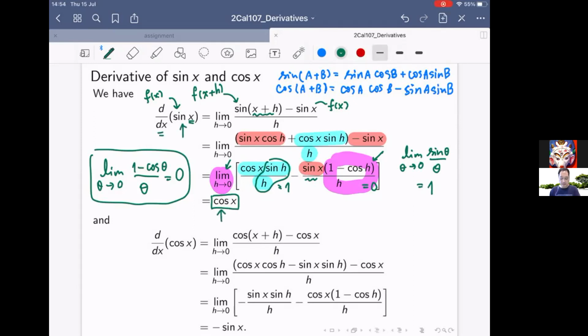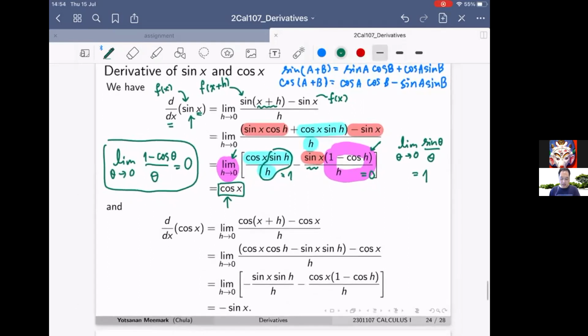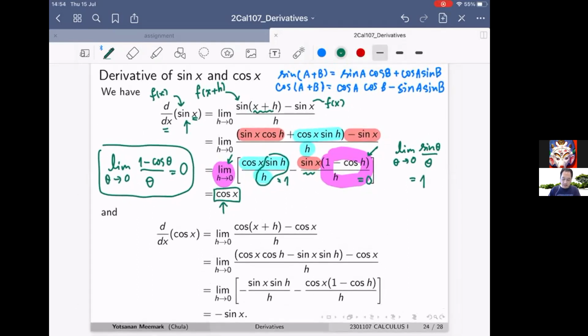Are we okay? So next, if we would like to find the derivative of the cosine, here is your f of x plus h, minus your f of x, over h. So we use this formula, the cosine of a plus b: cosine x cosine h minus sine x sine h, over h.